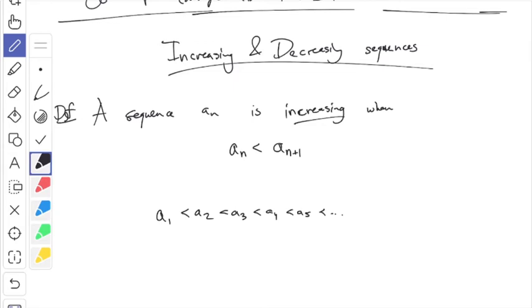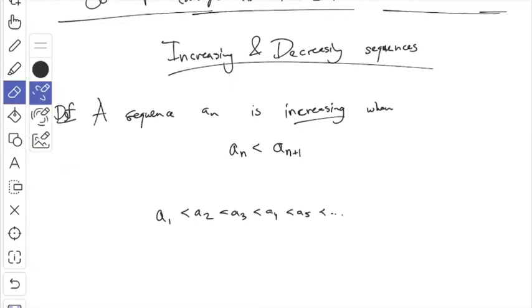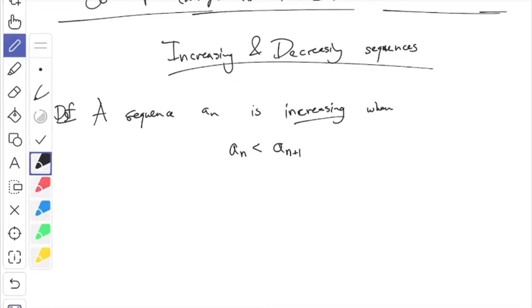I called him out. Okay, so this is the definition of increasing. When you see that, I don't know if this is immediately meaningful, but what it means is that each one is smaller than the next, right? That means that the next one is bigger.